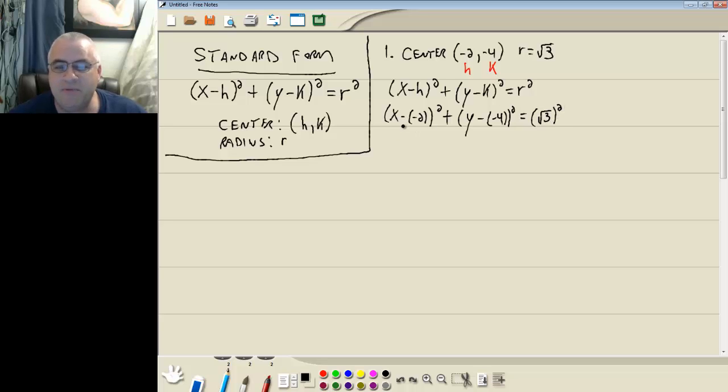And you do a little bit of simplifying, not much. Negative becomes a positive. So we got (x + 2)². And here negative becomes positive, so we got (y + 4)². And remember, when you square a square root, the index of a square root is 2. When the index matches the power you're raising it to, they cancel each other. So that's going to give us 3. And that's our answer.